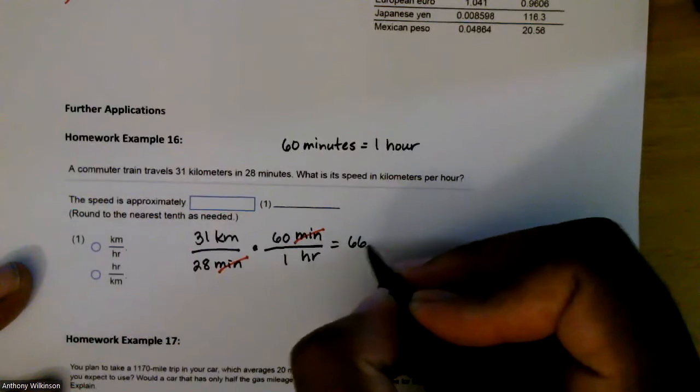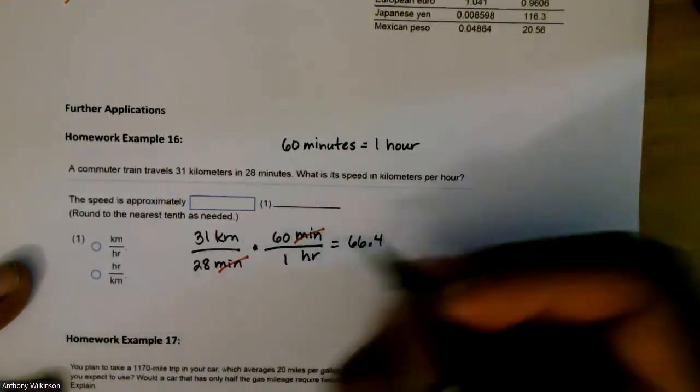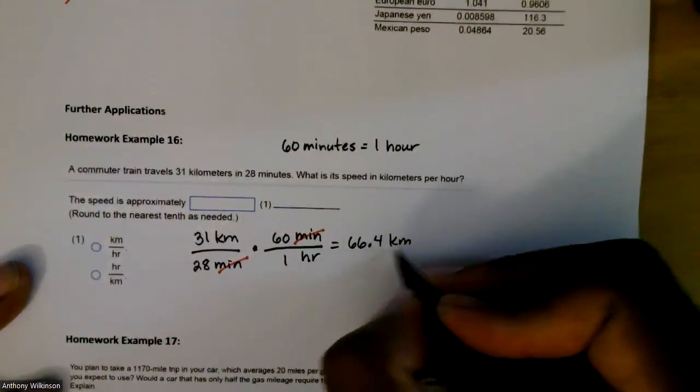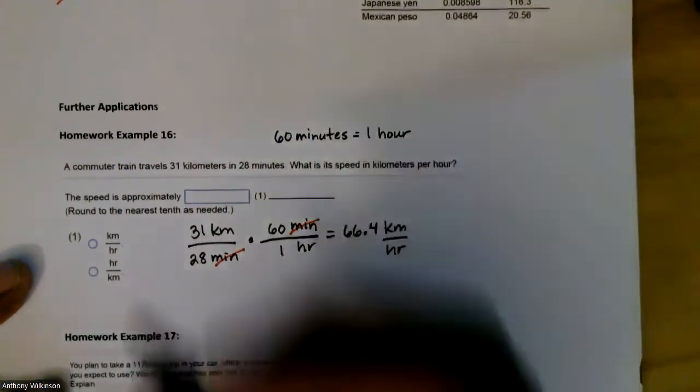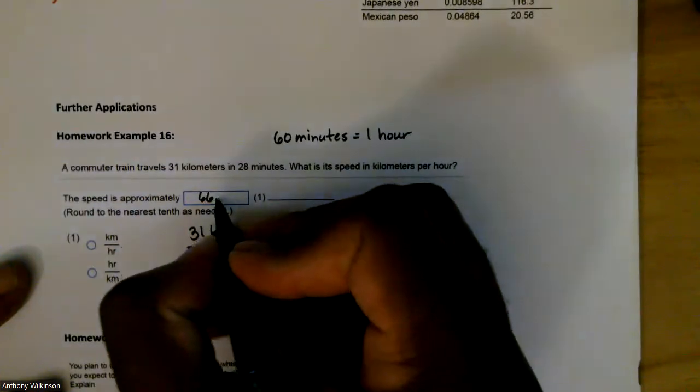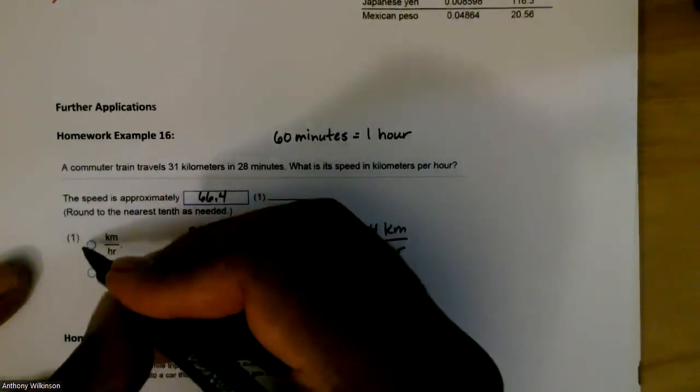So 66.4 kilometers per hour. And they do give you space to fill in your answer. So it'll be 66.4, and then you have to choose which unit, kilometers per hour.